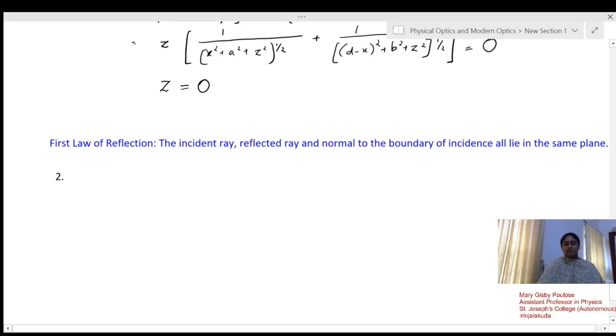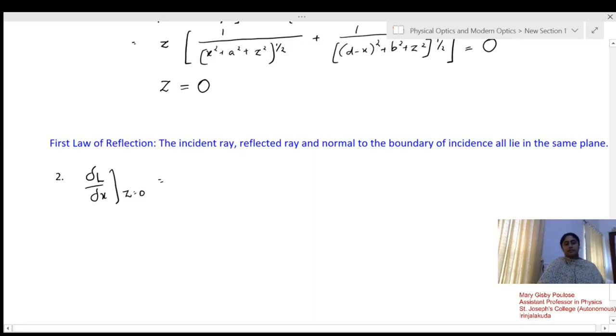Now let us move to the second law of reflection. We are going to differentiate L with respect to x. So ∂L/∂x at constant z equal to 0. I can write the value of z, right?